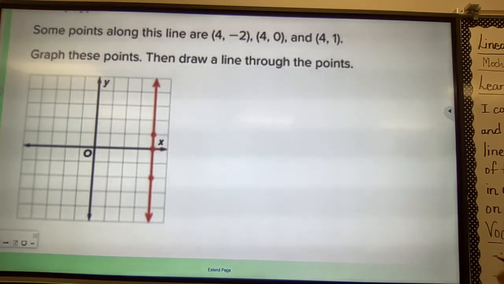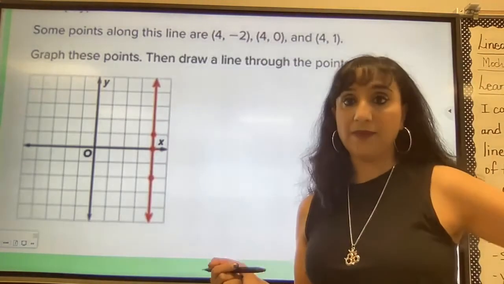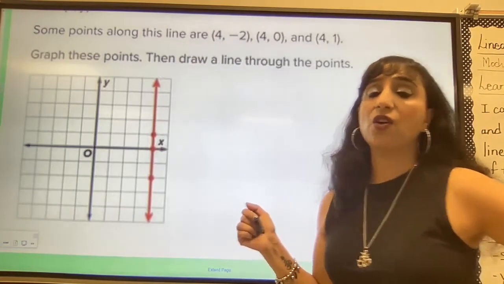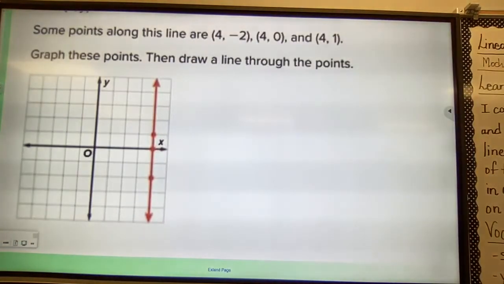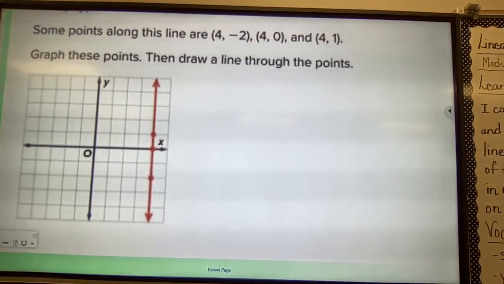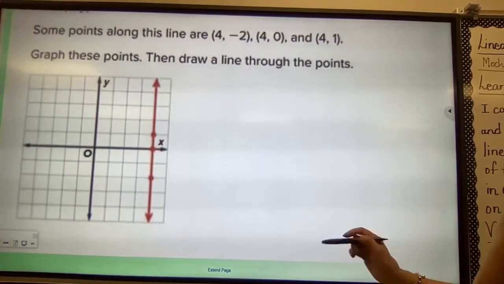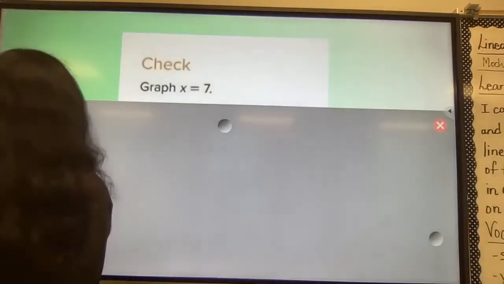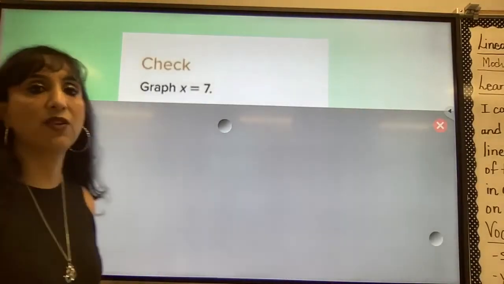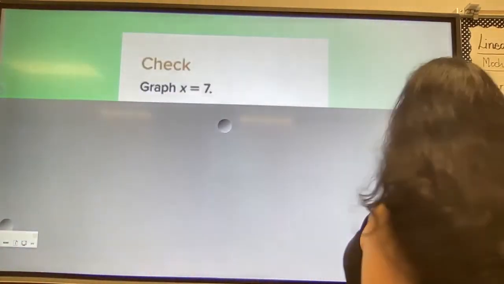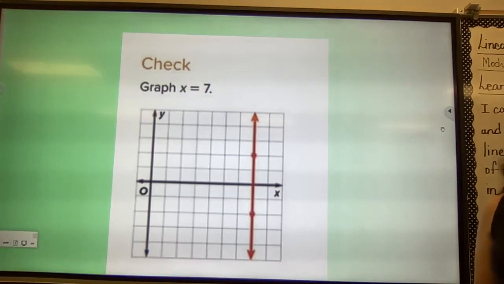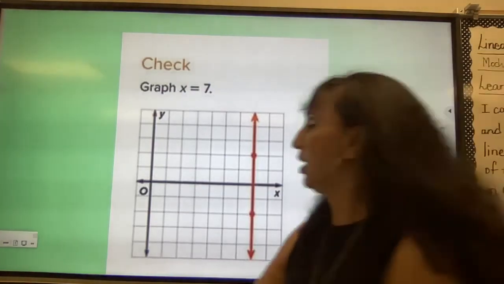So there is no y-intercept, because it does not cross the y-axis. Okay, and so let's do one last problem. If I'm saying graph x = 7, this is what it's going to look like. So it's going to be a vertical line.